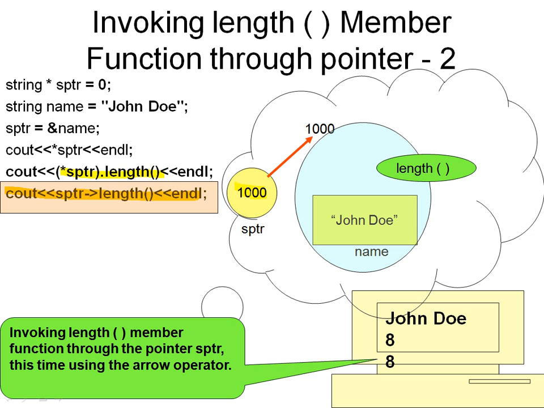Follow the pointer to its pointee, invoke the length function, whatever the result is, count the characters in this one, print that to the console, and this also prints 8 as a result. This is how you can invoke member functions through the pointer to an object. This is how you can do member selection in an object through a pointer to the object.